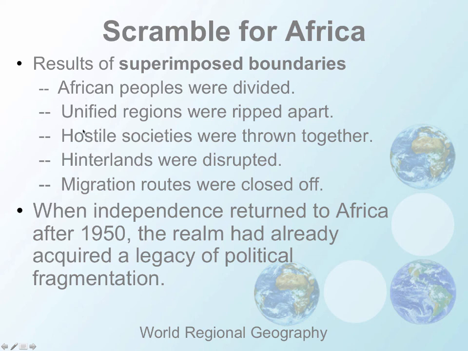And so when you draw the borders arbitrarily like that, what you get are societies where there are groups that were traditionally hostile to one another, now all within one border. And so when these borders were put on the map, and eventually in the post-colonial era, it was basically setting up a lot of failures that have continued to plague the continent to this day.